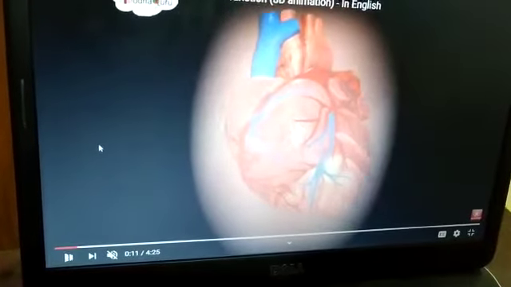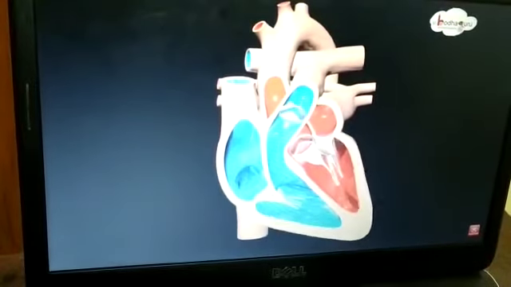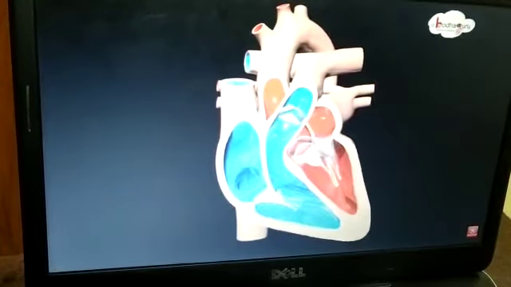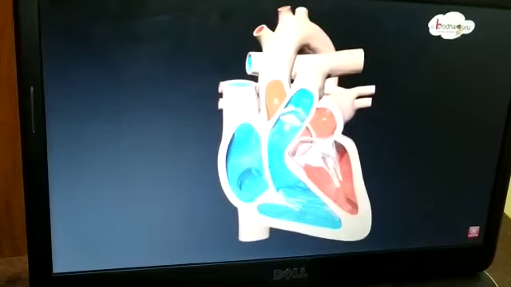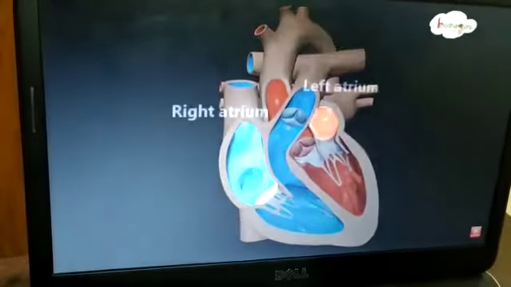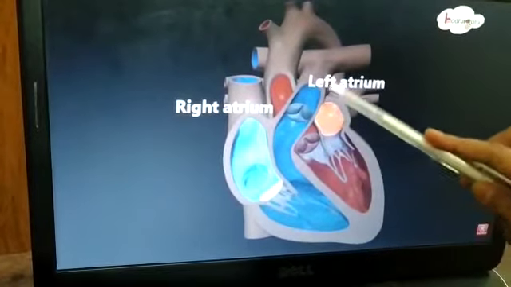But now, I am going to show you this in a 3D animation way. This is the human heart which is now pumping. These are the 2 upper chambers, right atrium and left atrium.